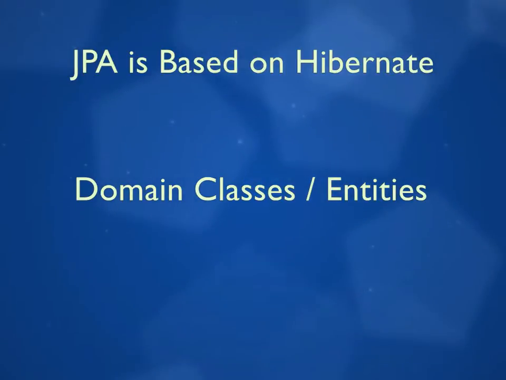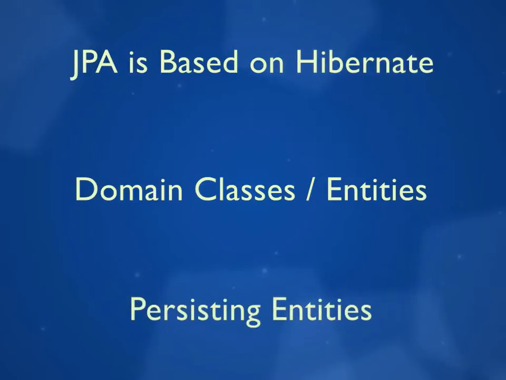For historical reasons, the annotation we need for the domain class is entity, and for this reason many people call the domain classes in JavaEE entities. I'll tend to use the two terms interchangeably. And we ended by persisting an object into the database via a single method call.